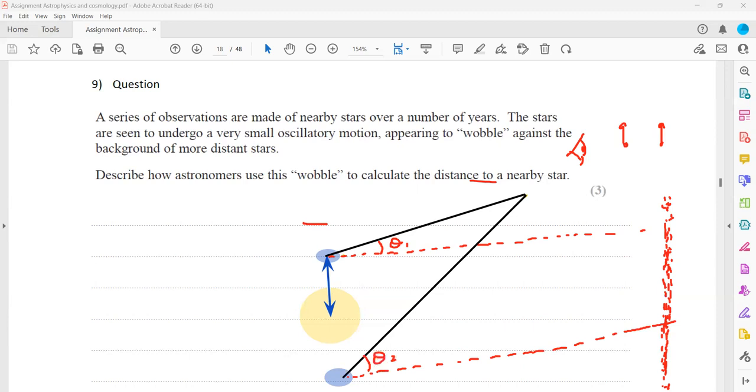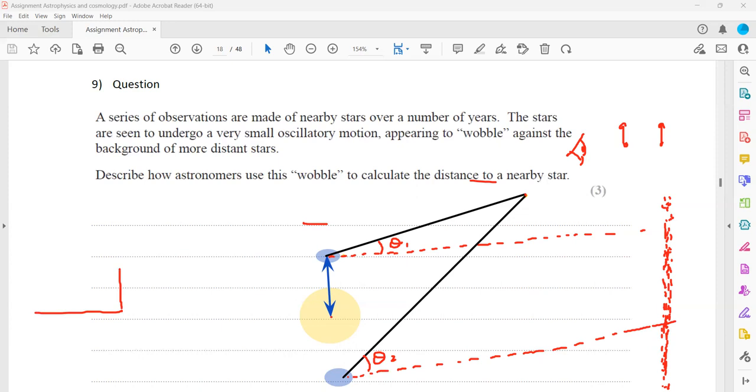So we have the angles and the distance, and we are finding the distance of the star with reference to the Sun. The first thing to identify is a right angle in a simple diagram.